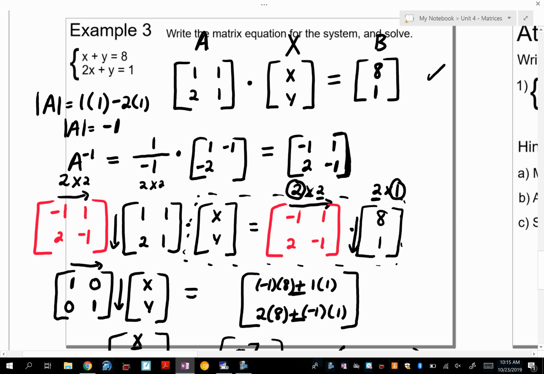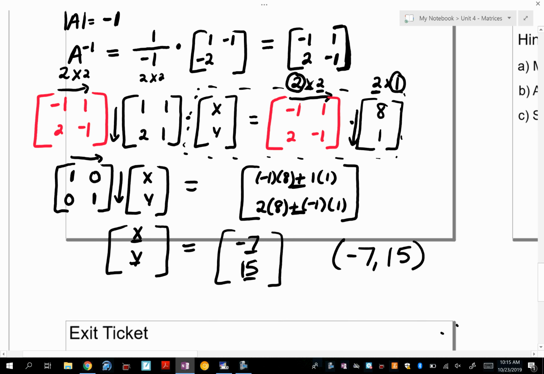Then you've got to do all the work to find the inverse of matrix A. Then you're showing this, then that work, and then the answer here. So you don't ever have to do the multiplying here to get the identity, and you don't have to do the multiplying to get that. You know it's going to be x and y on the left every time.